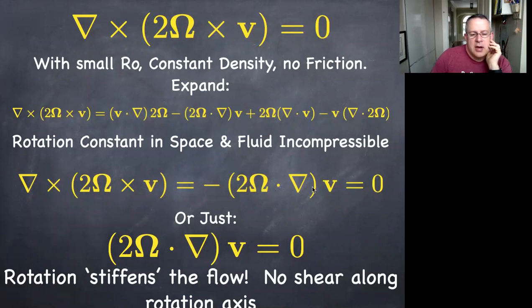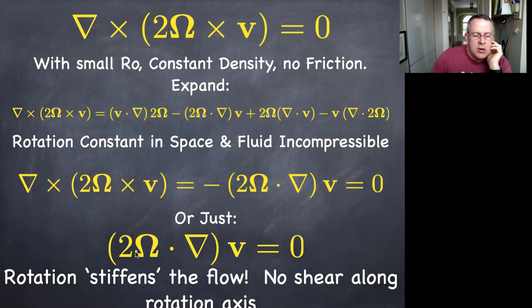2 omega dot grad is something in the direction of 2 omega, that is, in the direction of the rotation axis, looking at the components of v, u and v, two different directions. 2 omega dot grad v says, in the direction of the rotation axis, the velocities do not change.